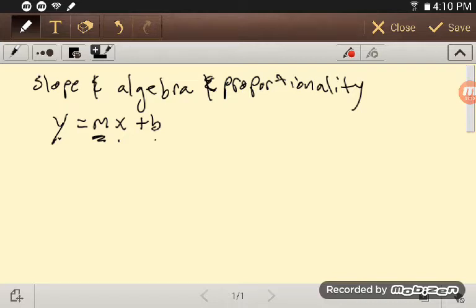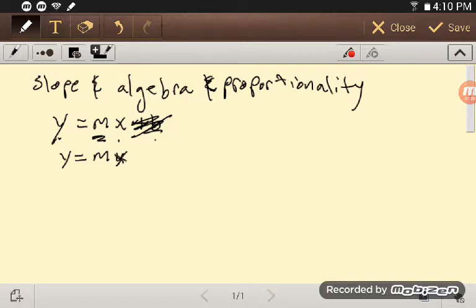And graphically, from this algebra, we would see the line get shifted up or down. We're not ready for that yet. So what we want to do is nix this b. So we want to just talk about y equals mx. Okay, so we'll concentrate on slope here.